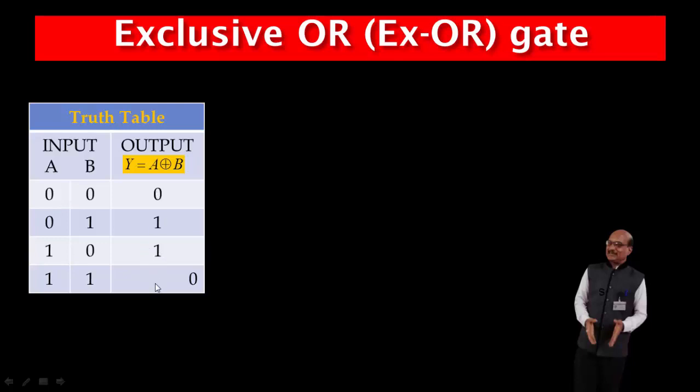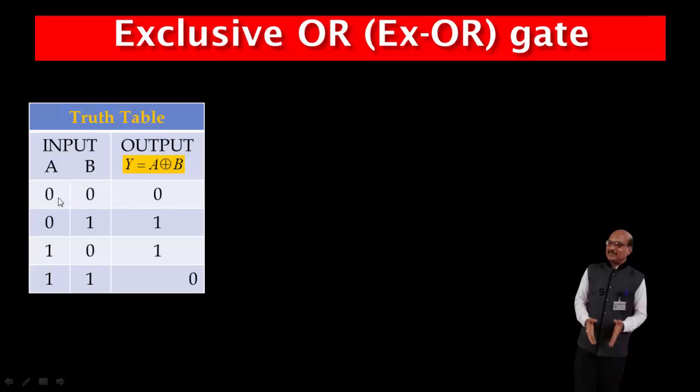So from this we see that the speciality of this exclusive OR gate is that its output becomes 0 when an even number of inputs are same. Suppose there are 3 inputs, A, B and C, and suppose I write their values like this: 0, 0, and C also 0, then output becomes 0.